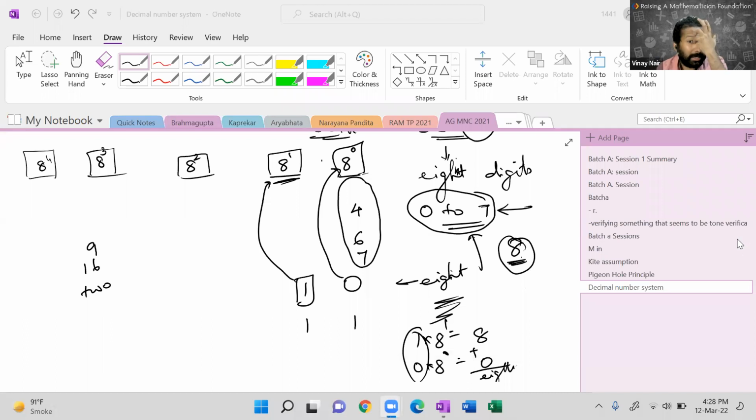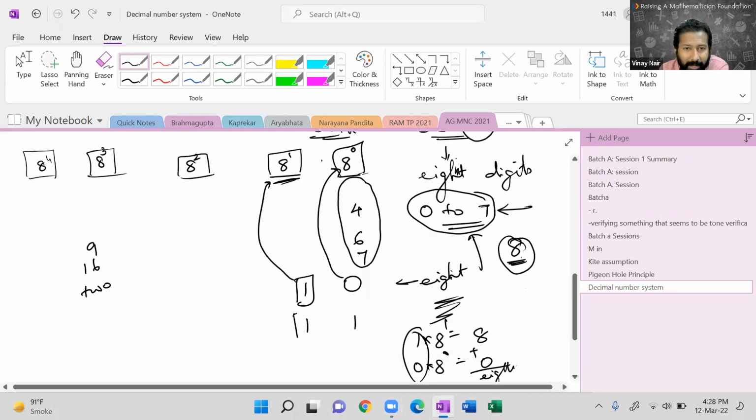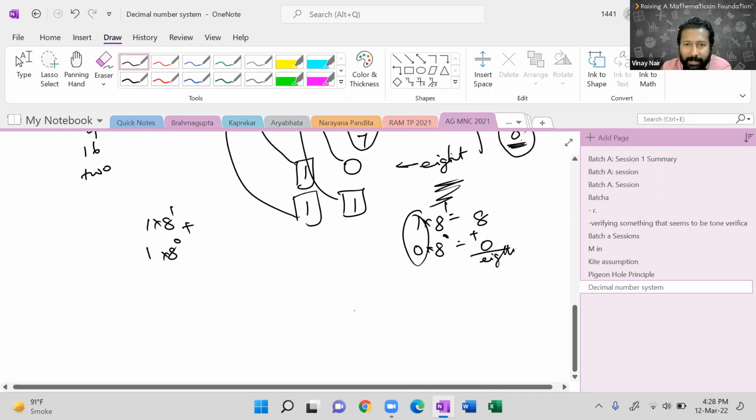Okay. So when we say 1, 1, it actually represents 1 times 8 power 1 plus 1 times 8 power 0. Think of it in this way. Let's say that you have some currencies like this.